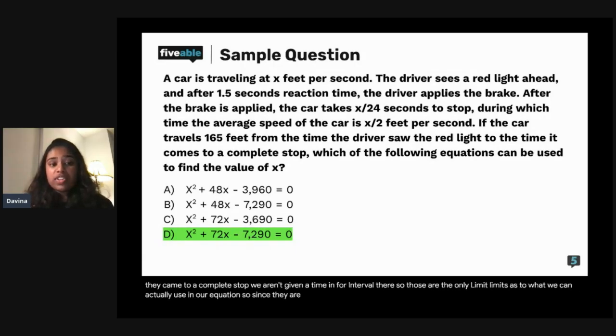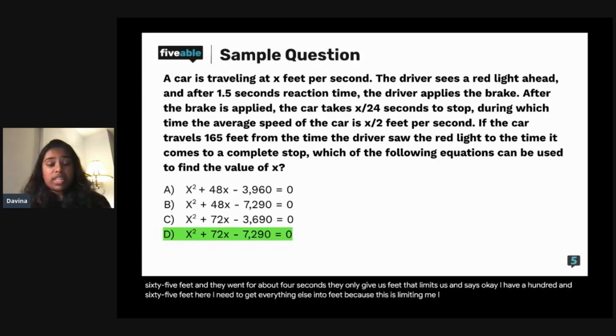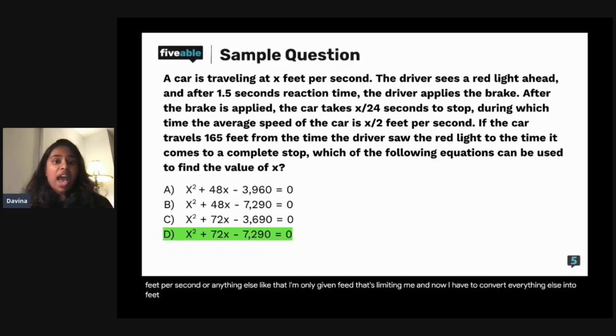I have 165 feet here, and I need to get everything else into feet because this is limiting me. I don't know the seconds. I don't know the feet per second or anything else like that. I'm only given feet. Now I have to convert everything else into feet so that I can add them all together to give me my equation.